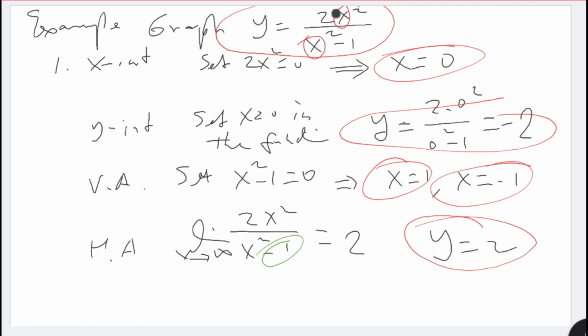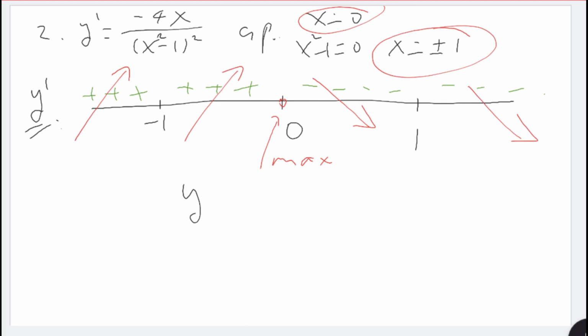Oh, wait. It's actually 0 here. So we're going to plug in 0 for x. This is a 0. So the bottom is a -1. The top is 0. So the function value is 0. Okay, so the maximum value is the function evaluated at 0, which is 0.